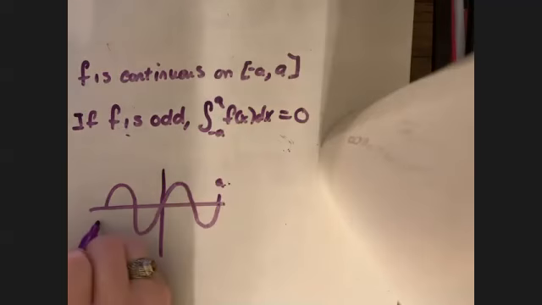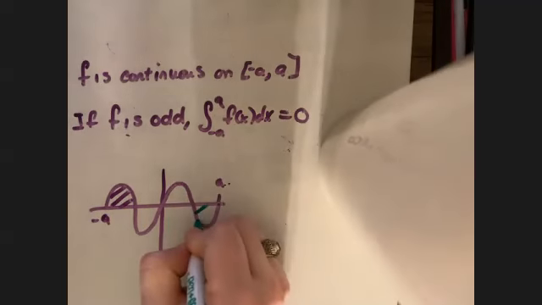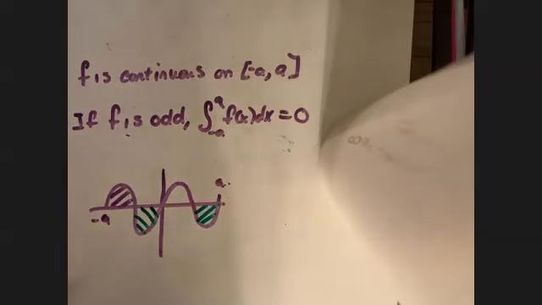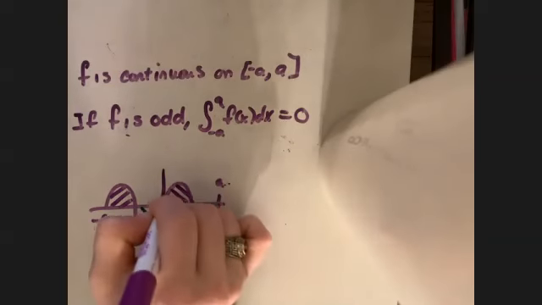So here's a, here's -a. Concept here is this is going to get counteracted with that because we know that it's symmetric. And this gets counteracted with this.